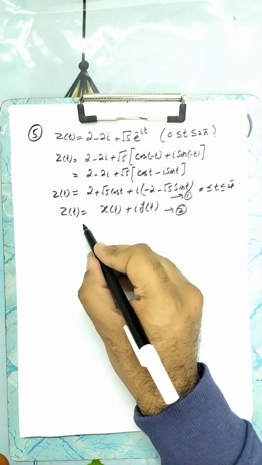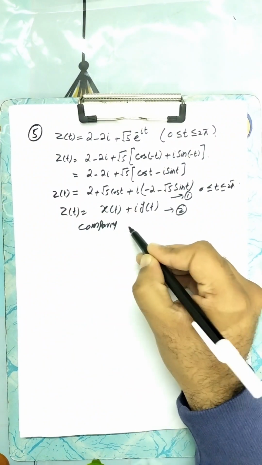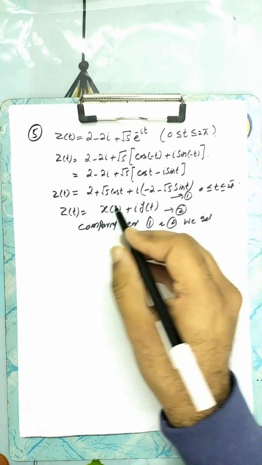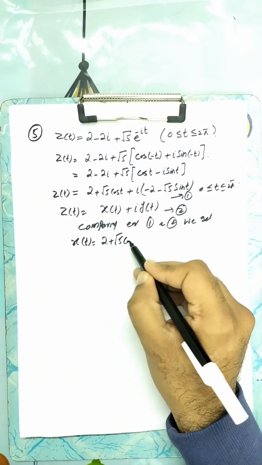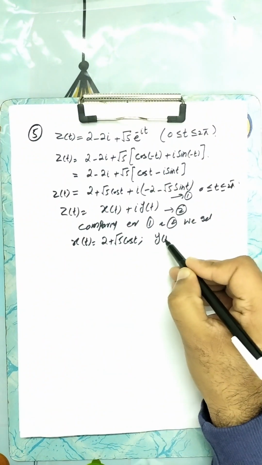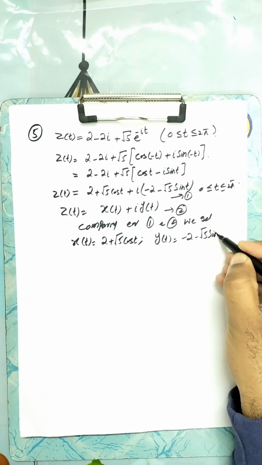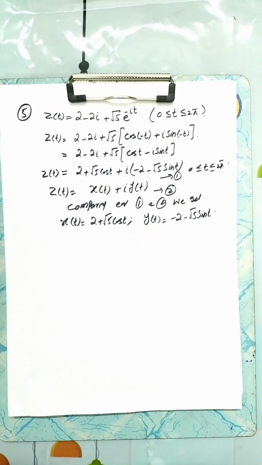Comparing equation 1 and 2, we get x of t is equal to 2 plus root 5 cos t, and y of t is equal to minus 2 minus root 5 sine t. So these are two parametric equations, and we get the original geometry of the curve if we remove the parameter t.